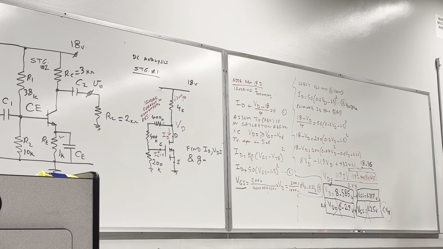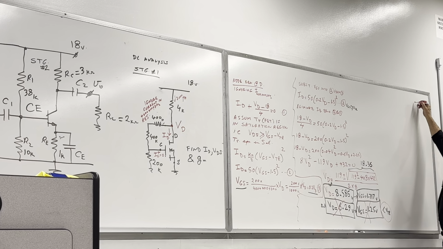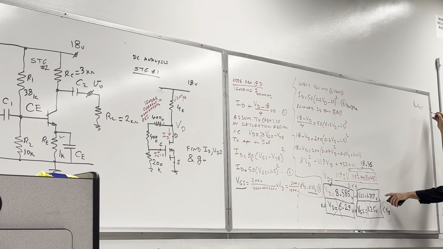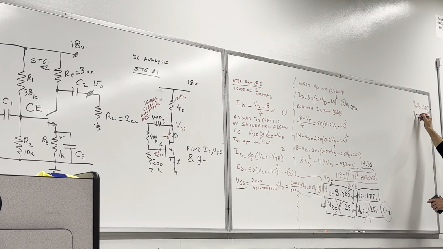So the answer to this problem will be, therefore, VD, which is the same as VDS, will be equal to 1.717 volt, and VGS will be equal to, sorry, VD, not that.